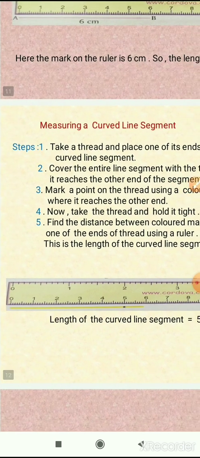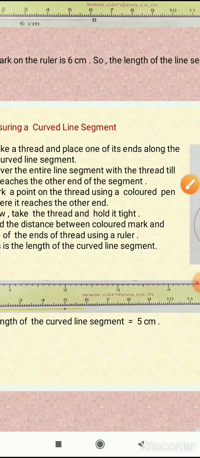The starting point is marked at number 0, and the colored pen mark reaches number 5. So we say that the length of the curved line segment is 5 centimeter.